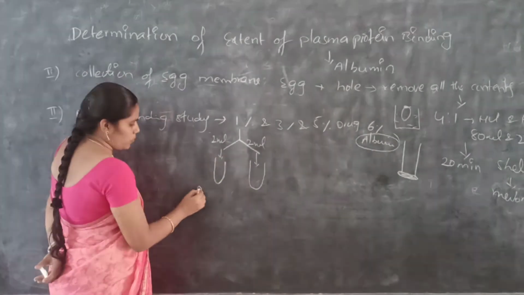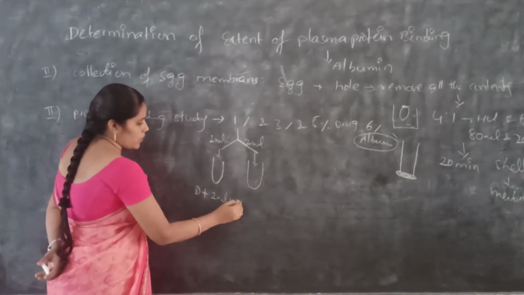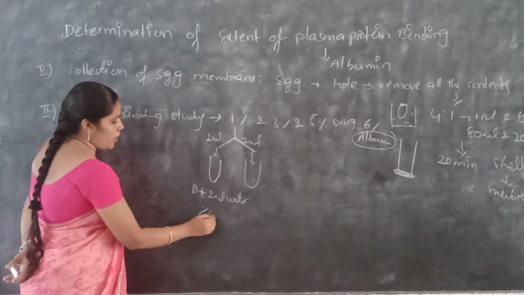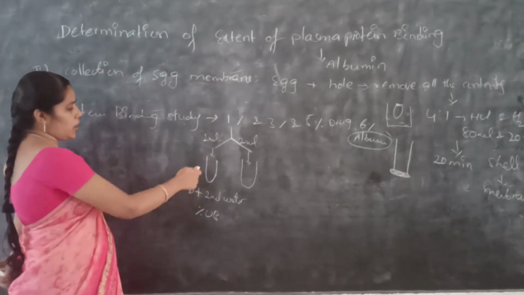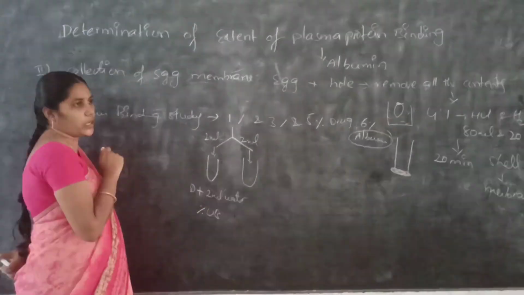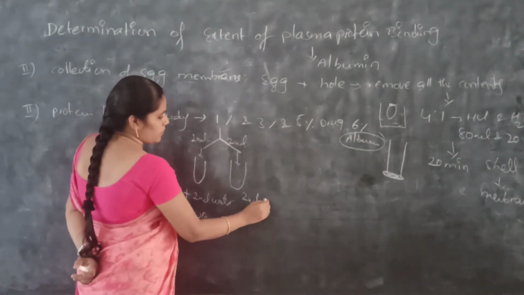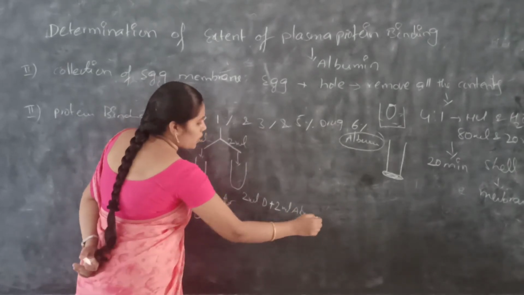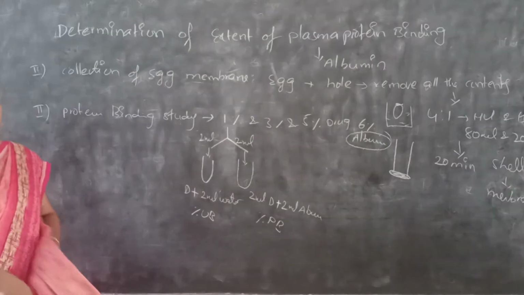In one test tube, we take 2 ml of drug solution and add 2 ml of water, to determine the percent unbound drug. In another test tube, we take 2 ml of drug solution plus 2 ml of albumin solution for studying percent protein binding.